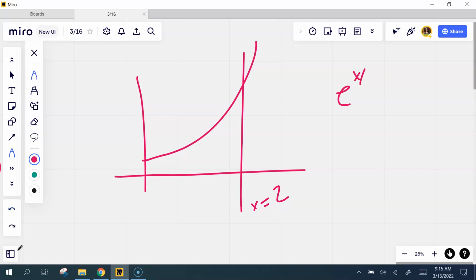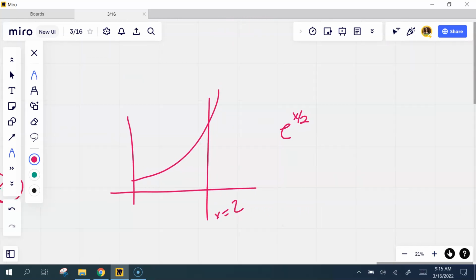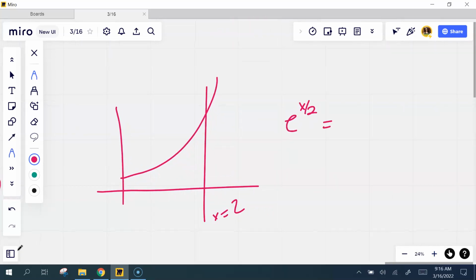I don't know what this graph looks like, so this is how I reason through it. If I put 0 in here, which would be where it's at the x-axis, I get e to the 0, which is 1. So I know that this point is (0, 1). I know that this point is 2.